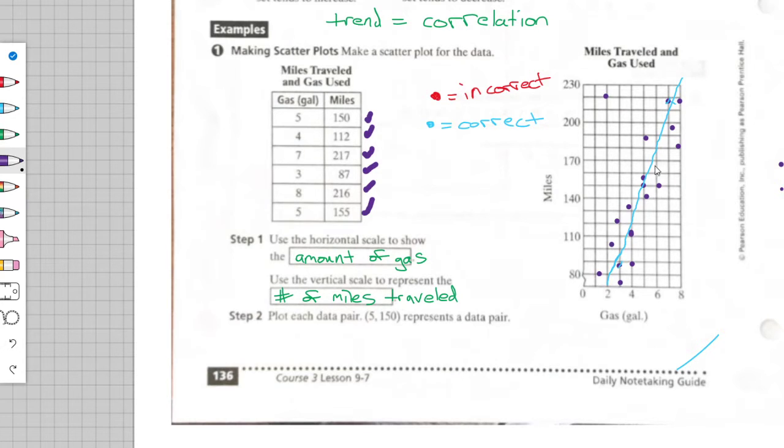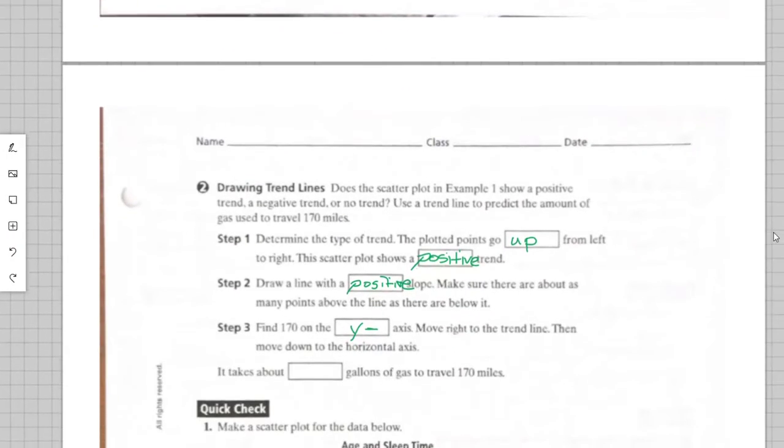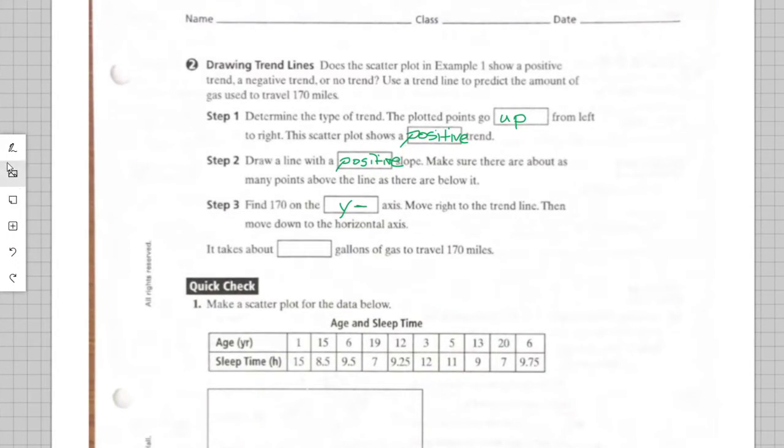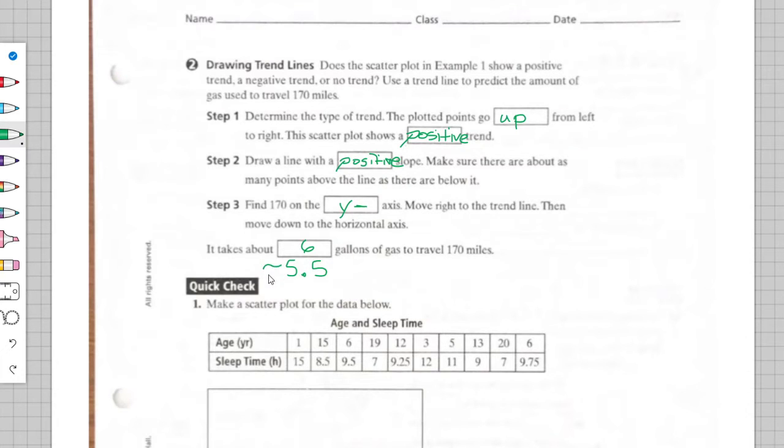I know the trend line's a little off from where it was before, but it's about 6 gallons. We're to round up to the nearest gallon. You could even say about 5.5.